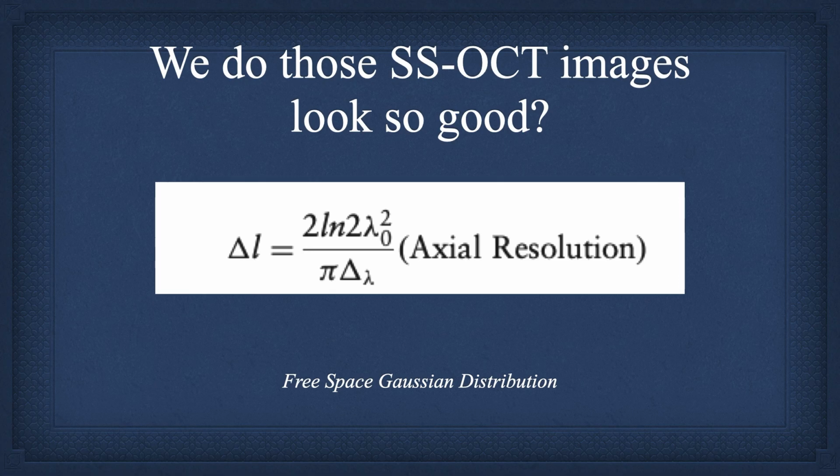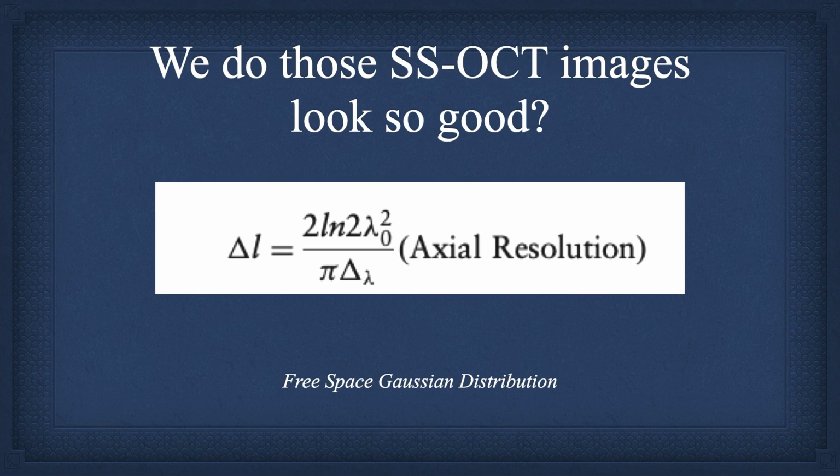So first of all, one thing that's sort of a killer, I get this a lot, particularly from the ophthalmology community, is that SS-OCT has a superior resolution to TD-OCT, time domain OCT, and that is not true.